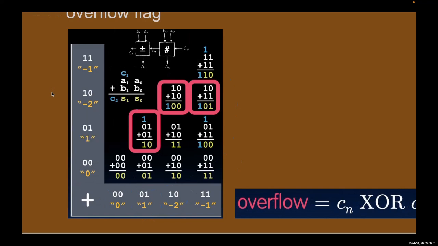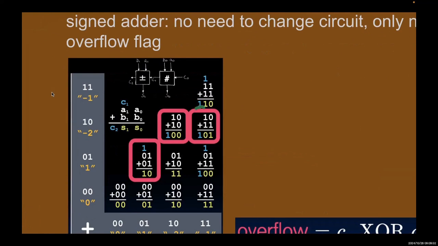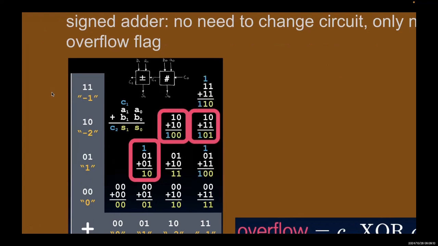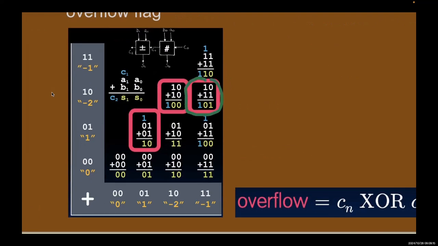And by the way, if it were unsigned numbers, then as long as you have a final carry output here, it's wrong. So for unsigned numbers, there are 4 wrong answers. For signed numbers, when you look at them in detail, only these 3 are wrong. -2 plus -2 gives 0, 0, which is 0, so that's a wrong answer.